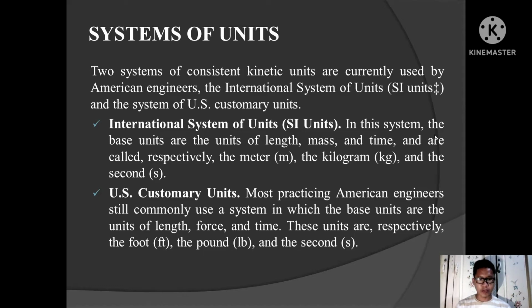The US customary units is the main system of weights and measures used in the United States and a few other countries. They are the few other countries that have been practicing this, the American engineers commonly use this system.